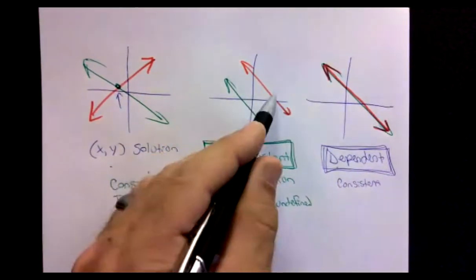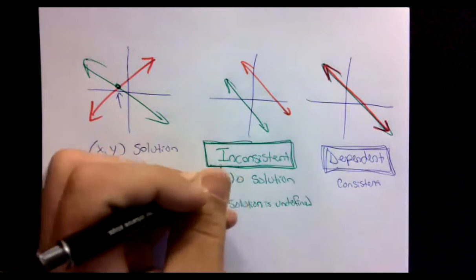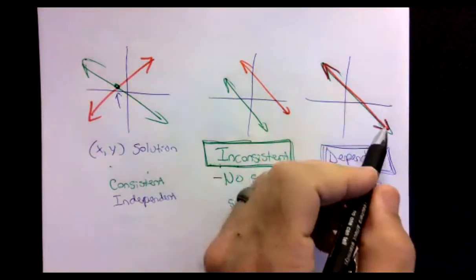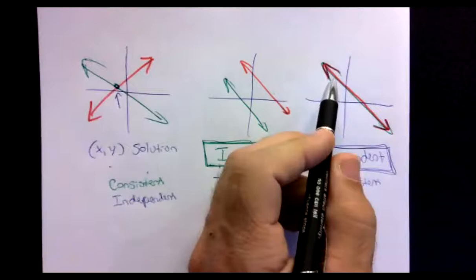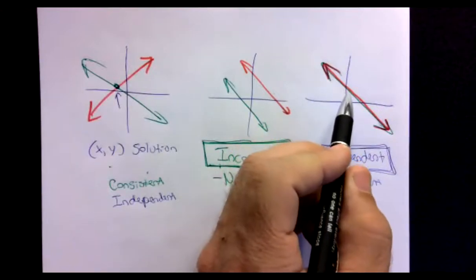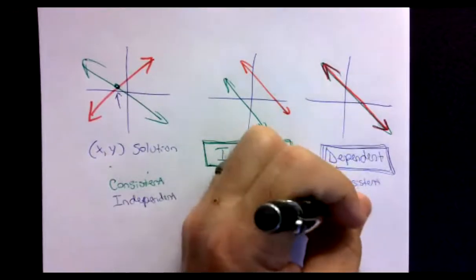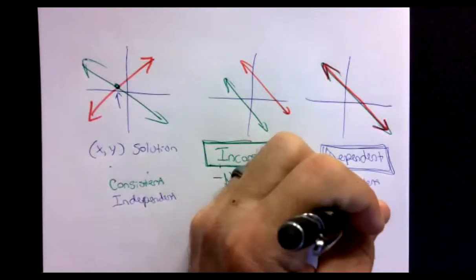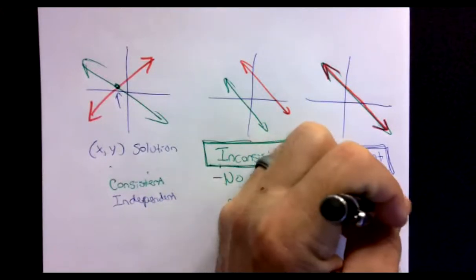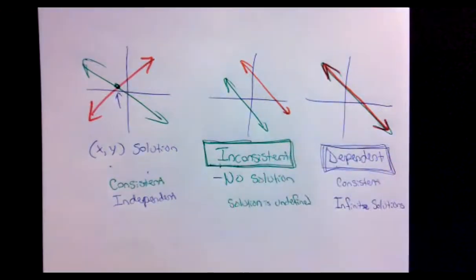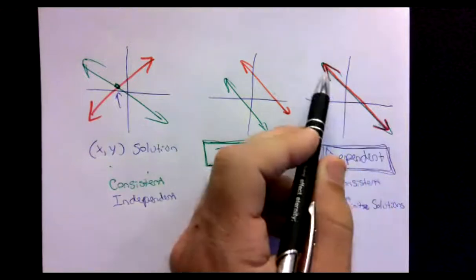So if the lines never cross, you get no solutions. If the lines are stacked up on top of each other, every single point on this line is a solution for both lines. Here you get an infinite number of solutions. And then your solution is whatever the equation is, because this is represented by an equation.